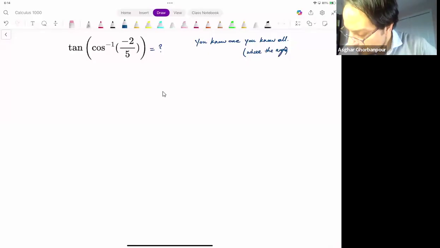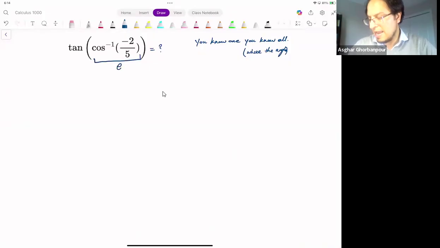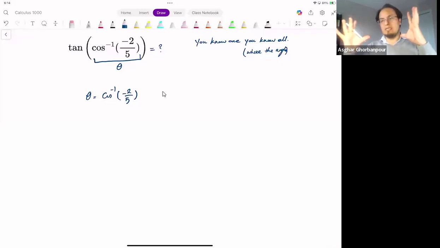Okay, now, we are trying to find what is tan of this angle. What is that angle? That is an angle which is cosine inverse of -2/5. So for those who are focusing only on the special angles, that is what we need to do.